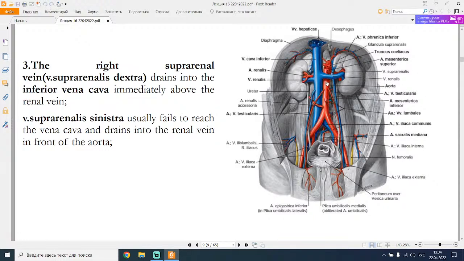Vena suprarenalis sinistra usually fails to reach the vena cava and drains into the renal vein in front of the aorta.